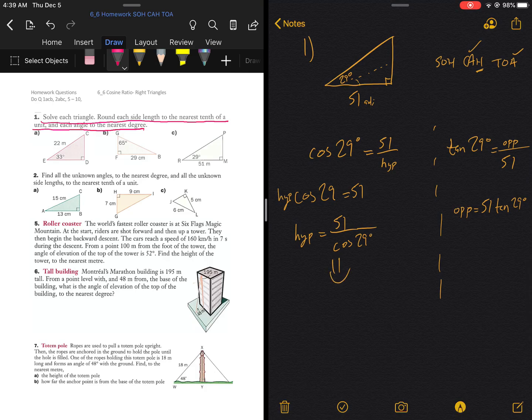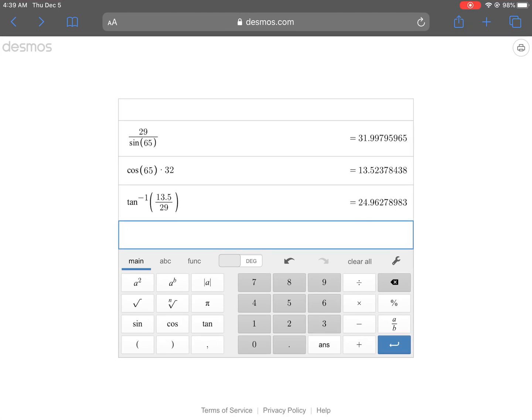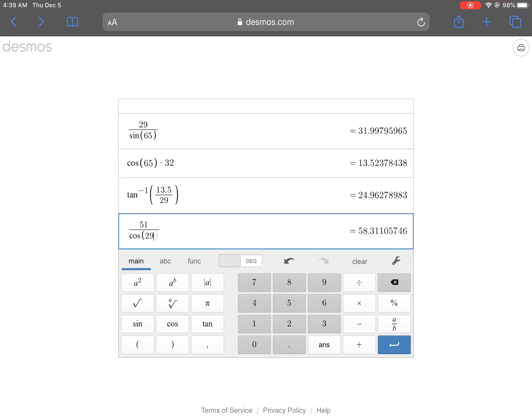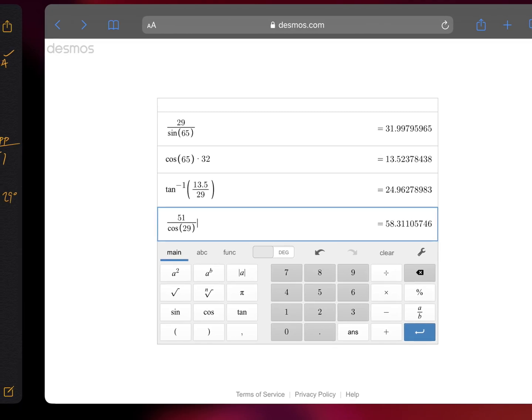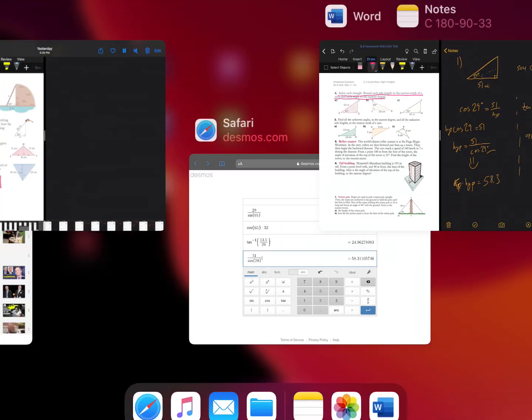Let's just do one by one. Let's continue here. So let's put that into the calculator. 51 divided by cos of 29. Is that right? Yes, it is. The answer is 58.3. Hypotenuse, 58.3.